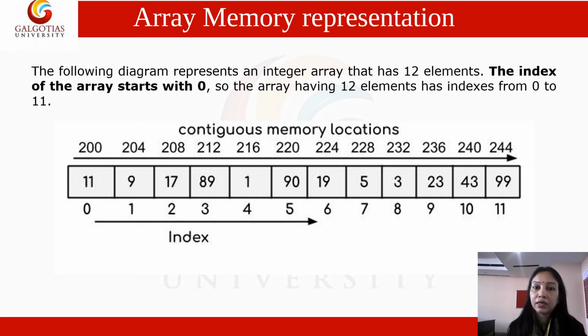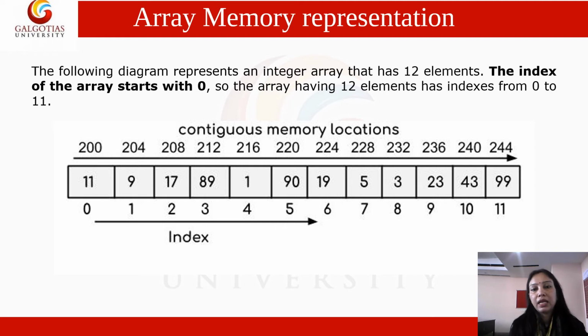Hope it is clear to you all, because suppose your array is of floating type, what is the size of float? 4 bytes. So if your first element is stored in the first location and that address is 100, the next element address will be 104. Why? Because the floating data type has size 4 bytes. So the addresses differ by 4, 4, 4 because it occupies contiguous memory, no gap is there.